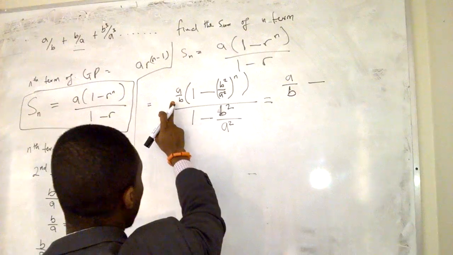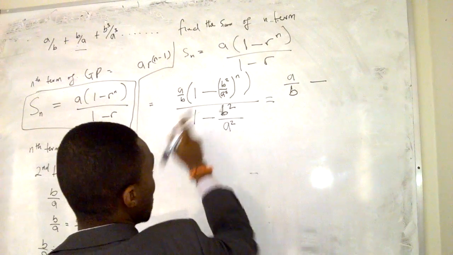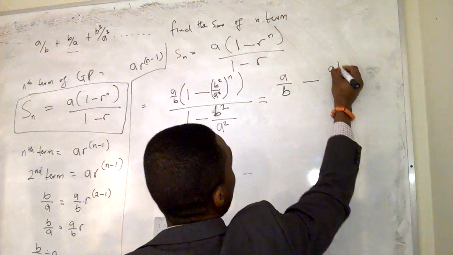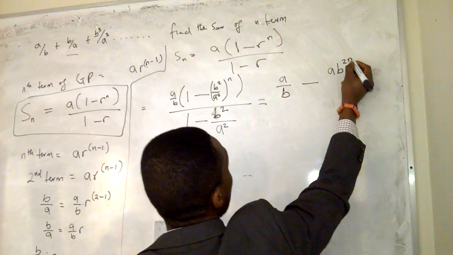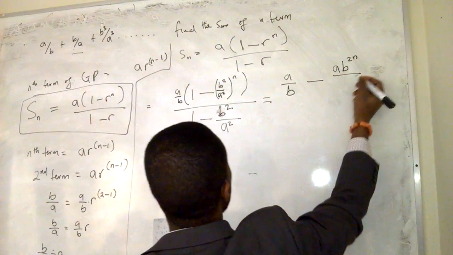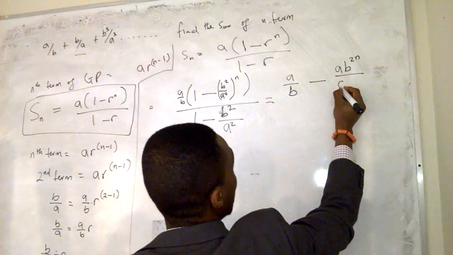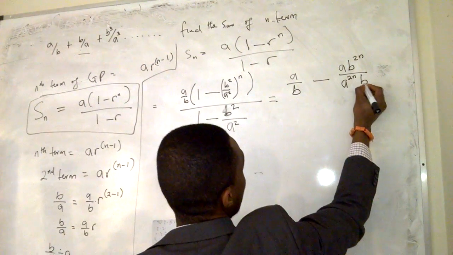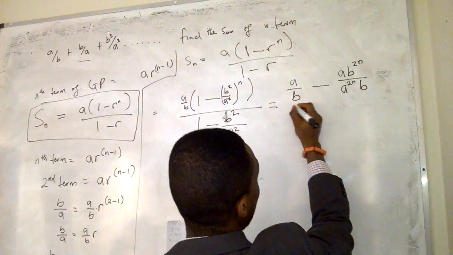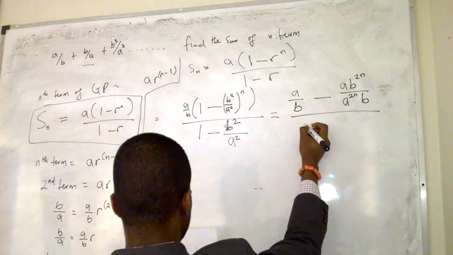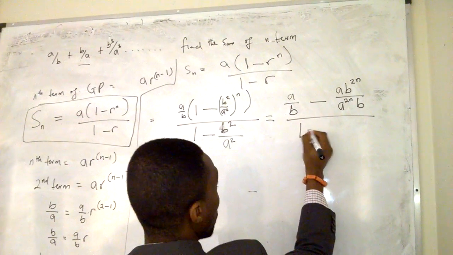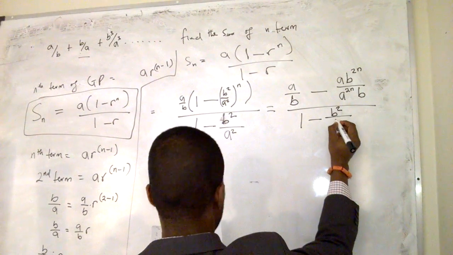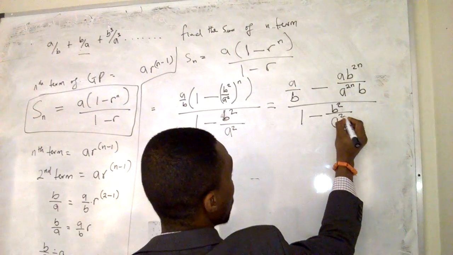So let's multiply this with this, then we'll get A B squared n over A squared n B, then over 1 minus B squared over A squared. That's it.